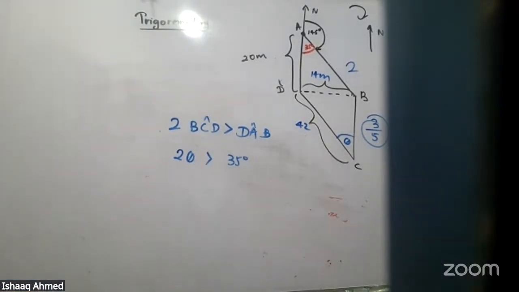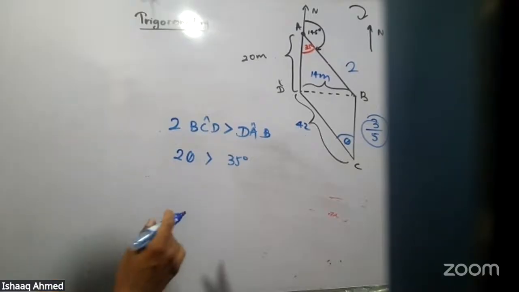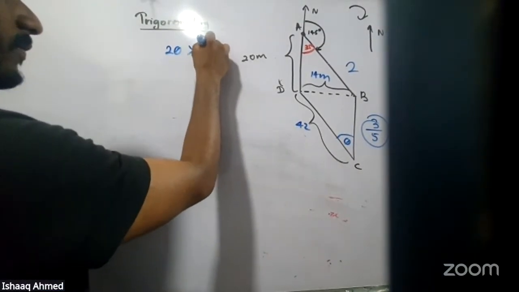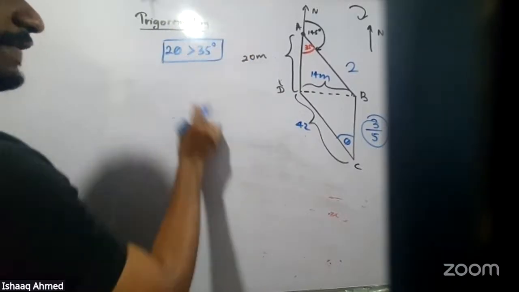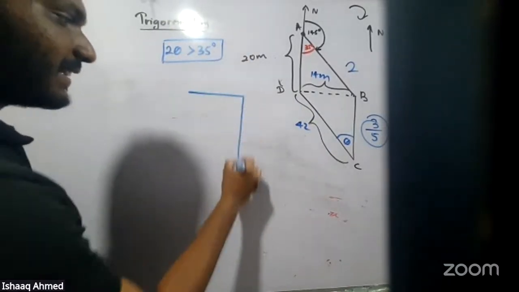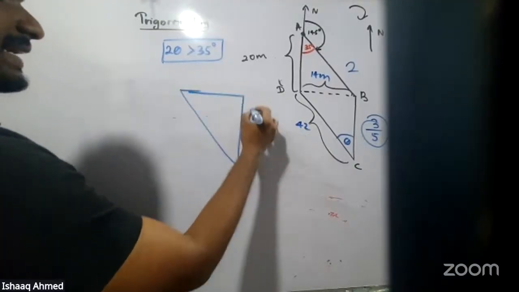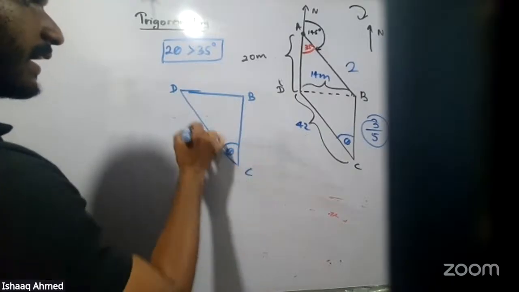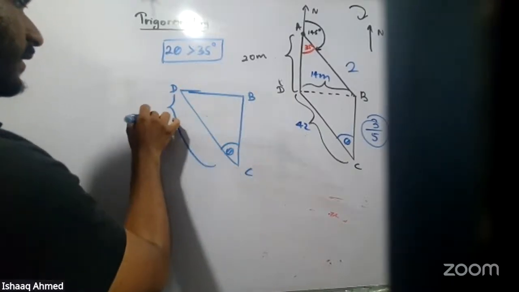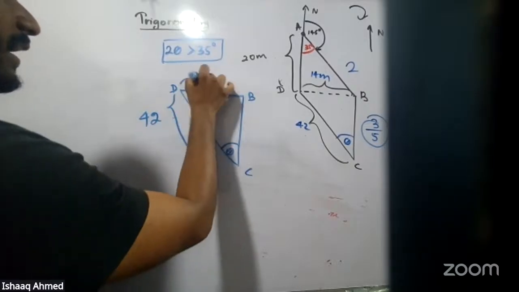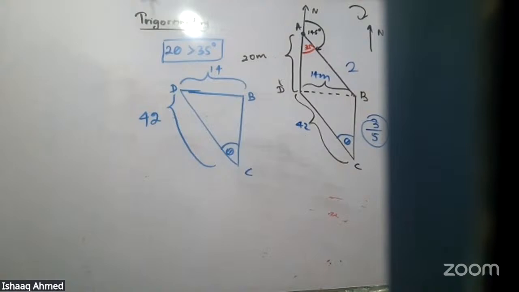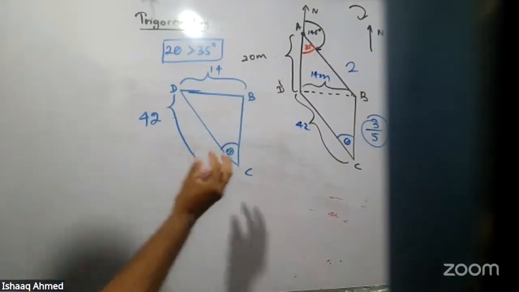If we find theta, we can quickly show. So, how to find theta? This is the thing to show. We choose a triangle where theta is an angle. So, I can take this triangle, BDC. This is theta. I know this is 42. I know this is 14. Now, from theta, I have to apply trig.